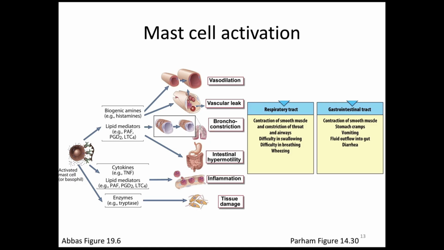There are different kinds of smooth muscle in different parts of the body, and so smooth muscle contraction can end up being different things in different parts of the body. Sometimes that smooth muscle contraction can lead to constriction of the airways, or bronchoconstriction, because we're basically contracting the muscles in the respiratory tract.